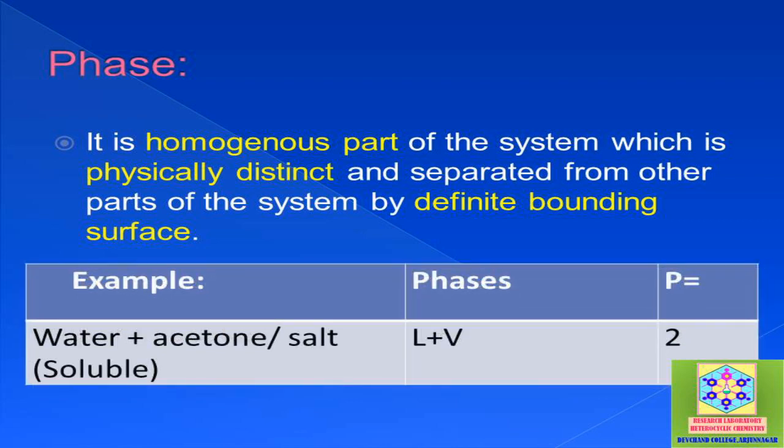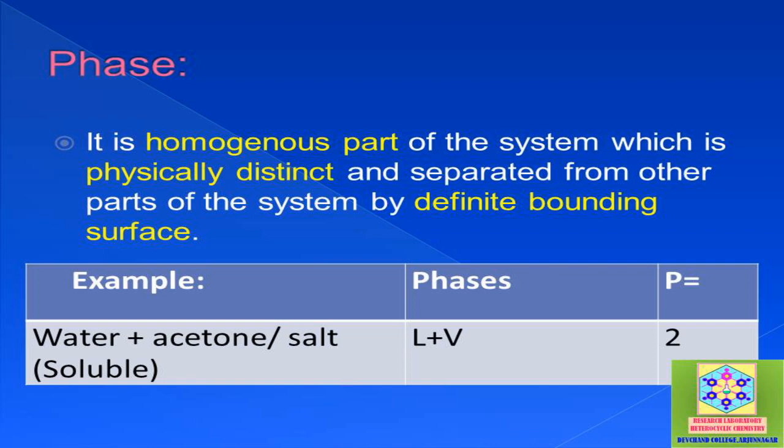Another example is that of a mixture of water with a soluble salt or a miscible liquid, like acetone. If we mix any miscible liquid or soluble salt into water, it gets dissolved completely, and we cannot distinguish that liquid or salt from water.